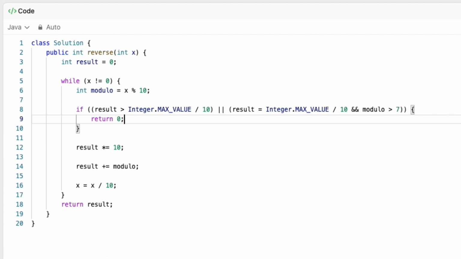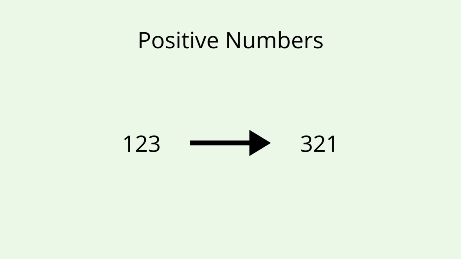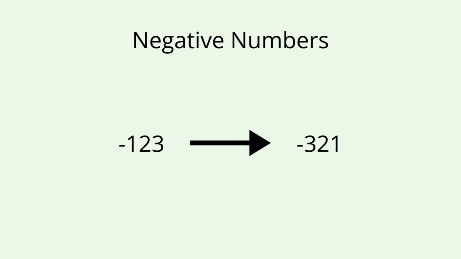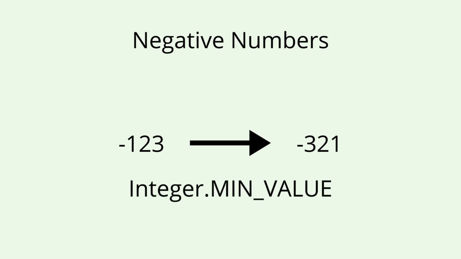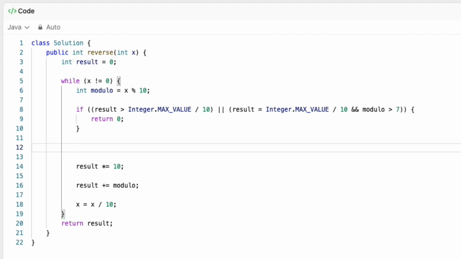Let's now handle the other edge case, negative numbers. With positive numbers, I just need to put the number in the reverse order. But with negative numbers, I have to keep the negative sign. But I have to take into account that the limits are not the same, and I'm not sure the modulo operation works the same way. Let's first add the overflow condition.